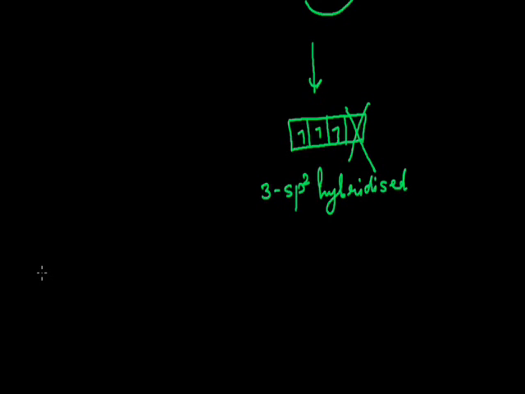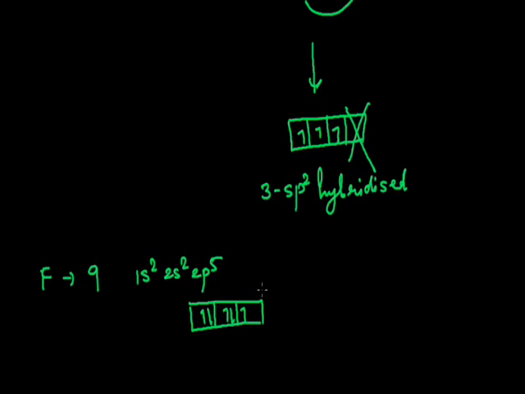Now, if we look into the configuration of fluorine, with atomic number 9 it is 1s2, 2s2, 2p5. In the 2p subshell, the arrangement of electrons is like this. Here, one electron is unpaired.